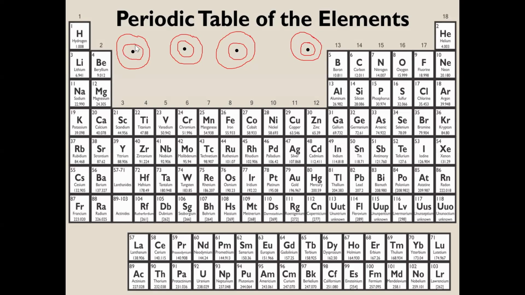Lithium has 3 electrons: 2 and 1. Beryllium, 4 electrons: 2 and 2. Boron has 5 electrons, and the electron configuration is 2 and 3.